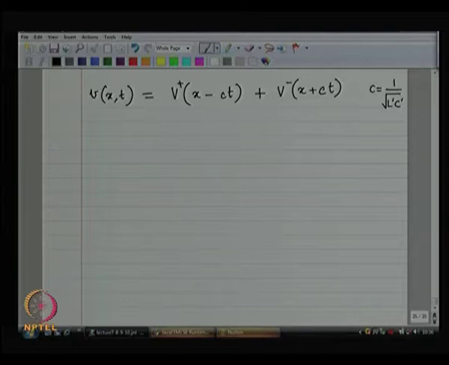Okay. So, C is kind of similar to the speed of light, it is basically the speed of the wave propagating over the wire. So, if you do your computations correctly, then L prime and C prime should give you the speed of the wave, and the speed of the wave is going to be very related to the speed of light.